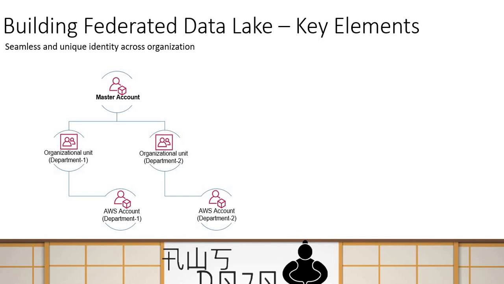I, as a user of department 1, cannot have one identity when accessing the AWS account 1 data lake and a different identity when I go to the AWS account 2 data lake. If each account has their own identity, you are creating a nightmare for a federated data lake. So you want an identity which is unique across the organization.